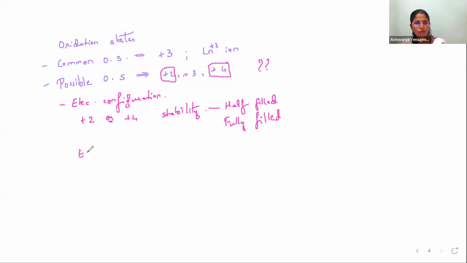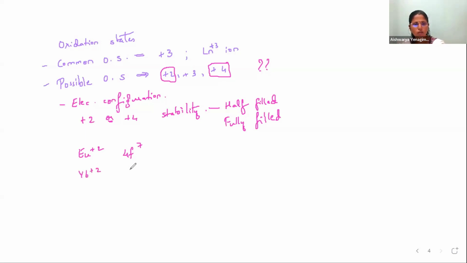You have Eu, europium +2. This is stable because the configuration of Eu +2 is 4f7. See here, there are 7 degenerate 4f orbitals, and all are half-filled, singly filled, with 7 electrons present. So the half-filled configuration makes it extra stable. Similarly with ytterbium +2.